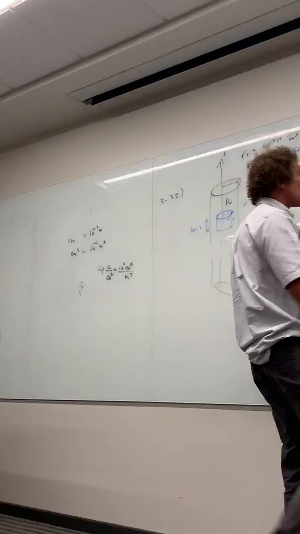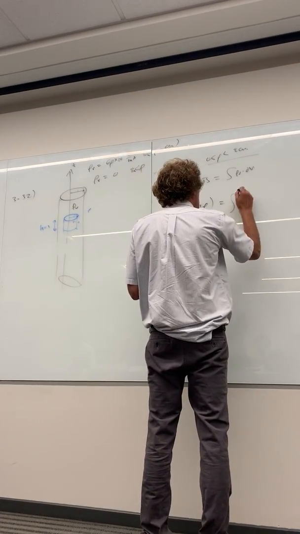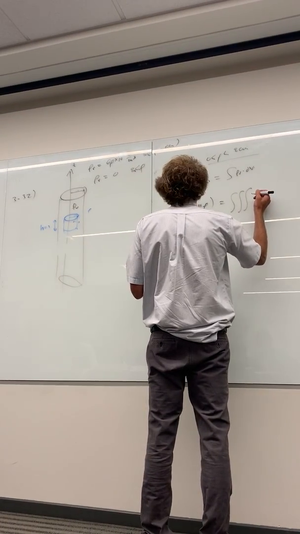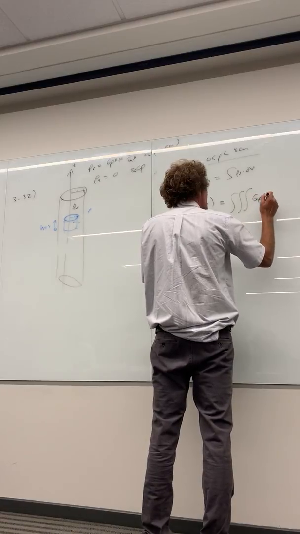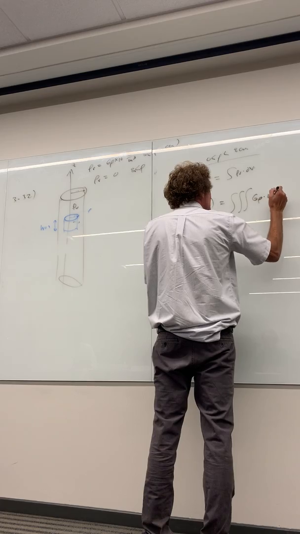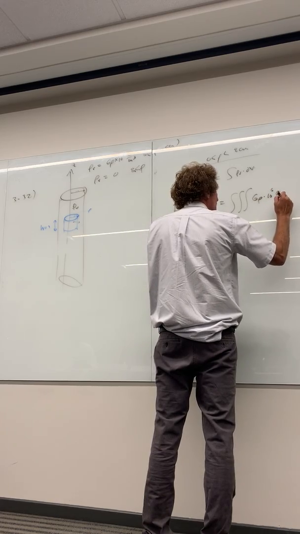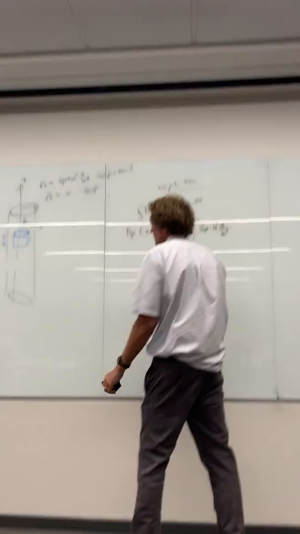So here, you would get a triple integral of rho v, and rho v would be 6 rho times 10 to the 6 coulombs per meter cubed times the differential volume.